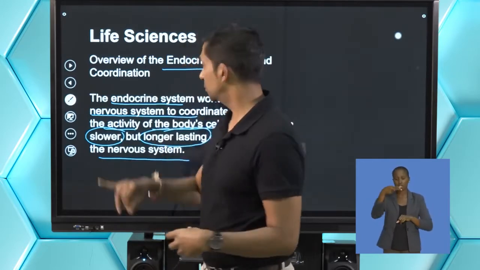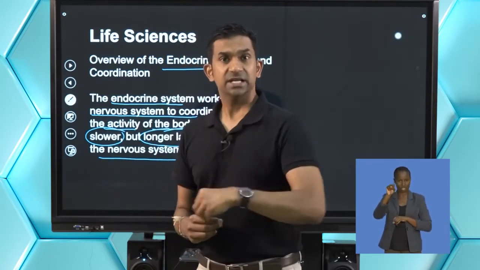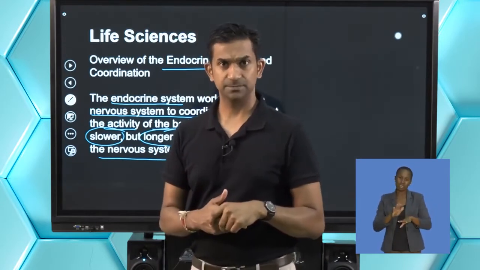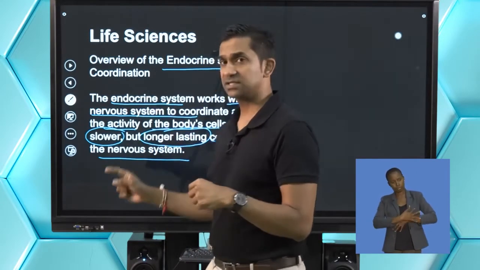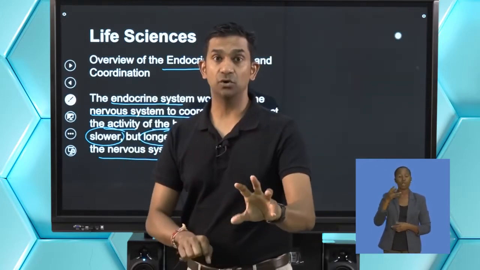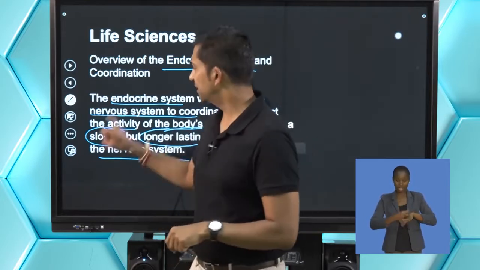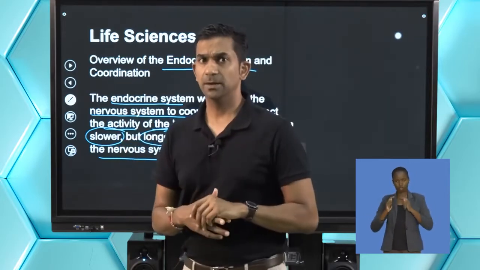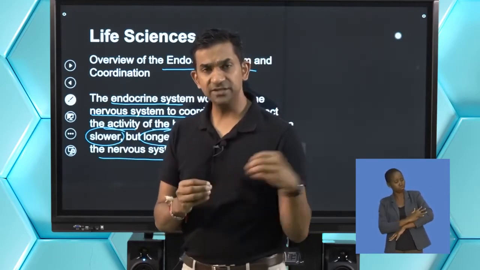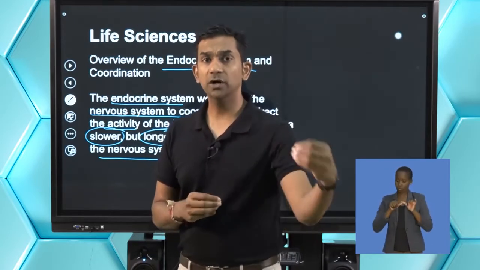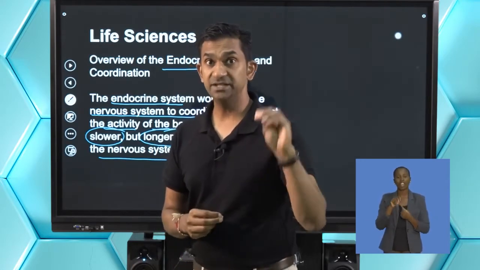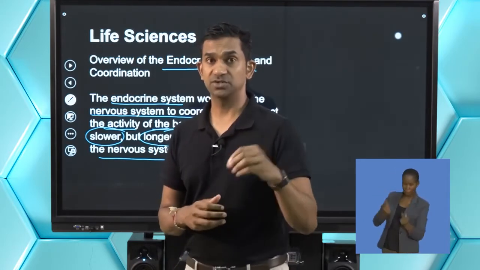The bloodstream is a relatively slower way of transporting a signal. So the endocrine system uses hormones in the bloodstream that get to the effector organ to bring about change. It's a relatively slower process, however it is longer lasting. The effect of the nervous system is quick, immediate, and short-lived.